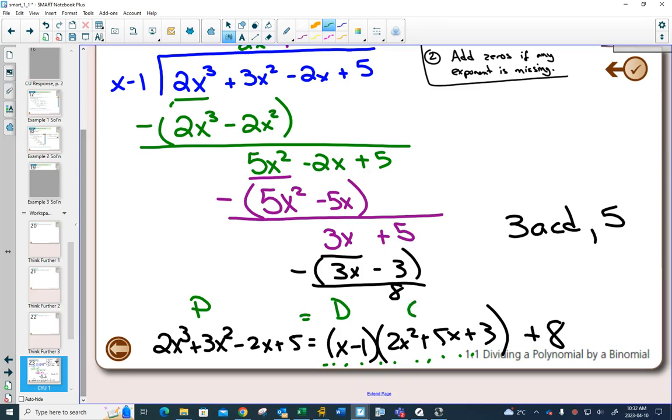Q is your quotient, or your answer, because we use the word quotient for an answer that you get when dividing, plus your remainder. So P equals dq plus r is just a way to help remind us how to write out the answer that we got from our division.